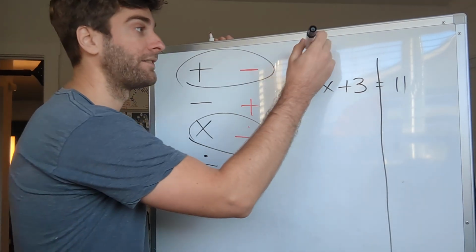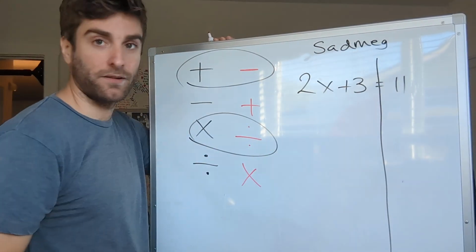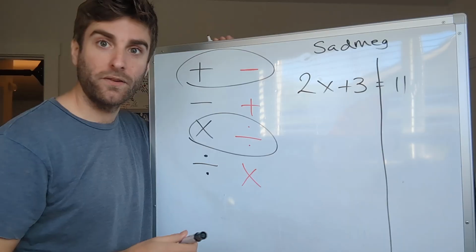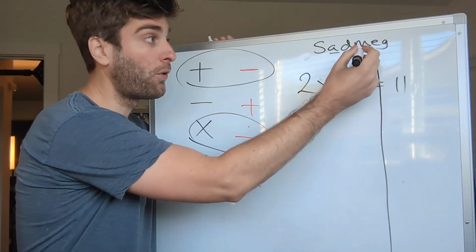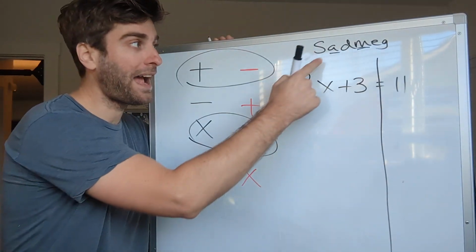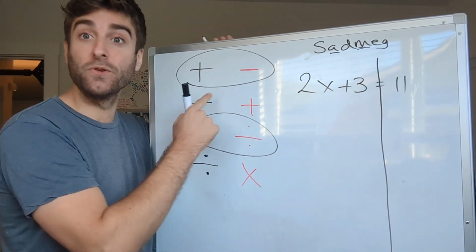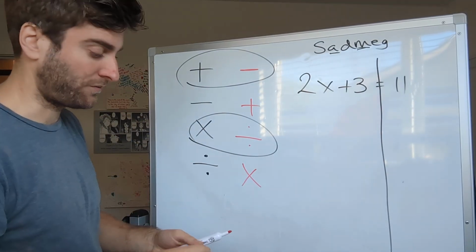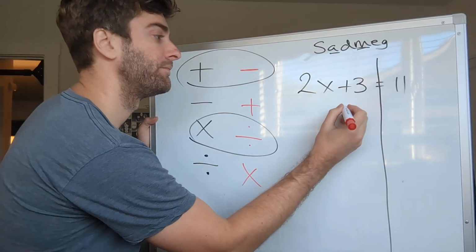No. I'm going to write SADMEG up here, just as a quick reminder. Addition is before multiplication, so I have to undo my addition first. To undo the addition, I use the opposite operation. This says plus 3, so I'm going to take away 3.